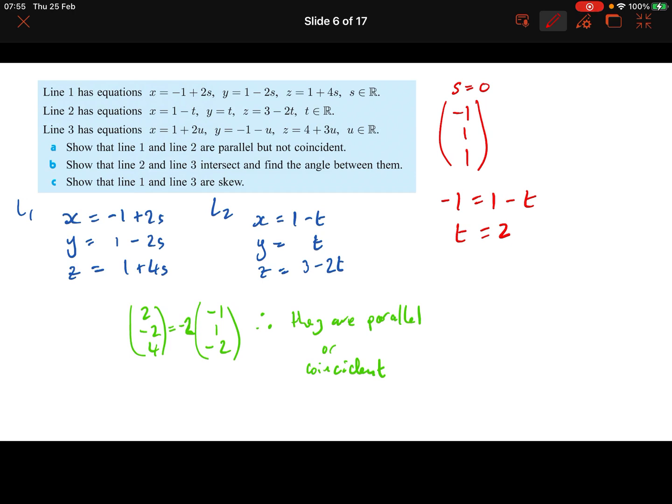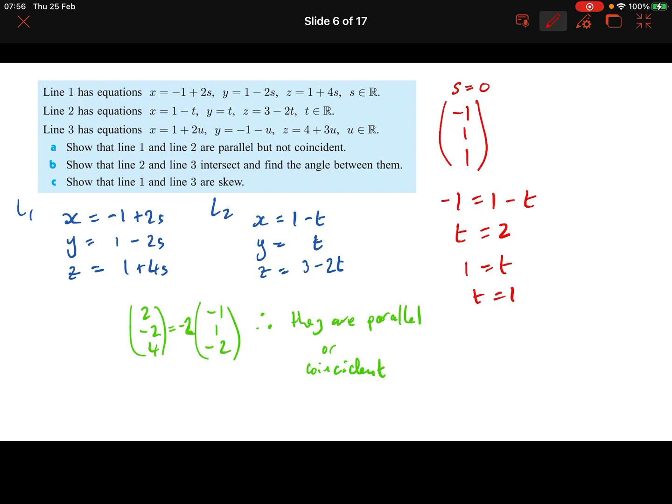What about if y is equal to 1? I can see that to replace y with 1, I'll get 1 equals t, so t equals 1.